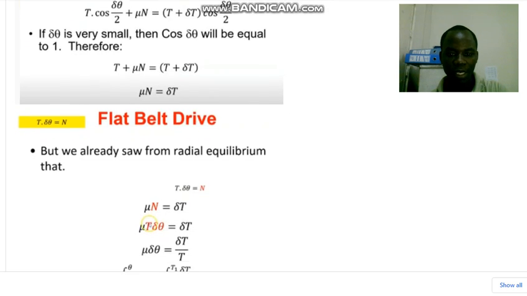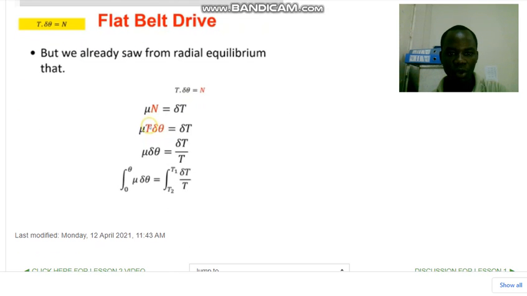So for the flat belt drive, we already saw from radial equilibrium that the tension times the small angle change is equal to the reaction force.